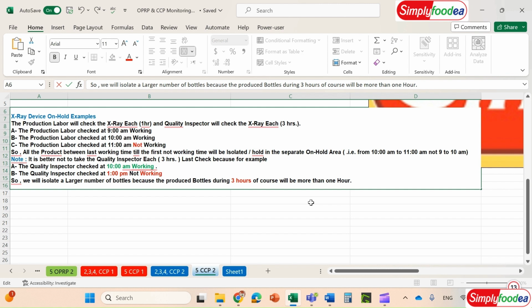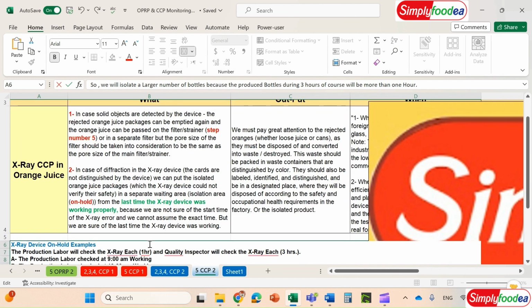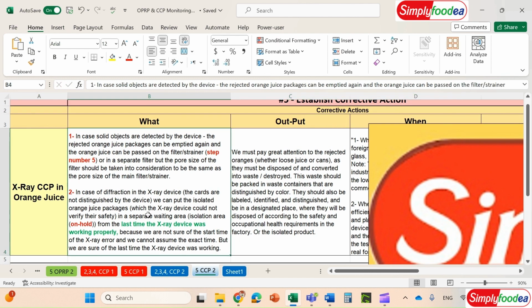So with the proper check for the device, yes, it will be some kind of headache for the production employees, but it will limit the on-hold or isolated product. Instead of isolation of 3 hours, we are only isolating product for only 1 hour. So we have understood the difference between 1 hour and 3 hours.